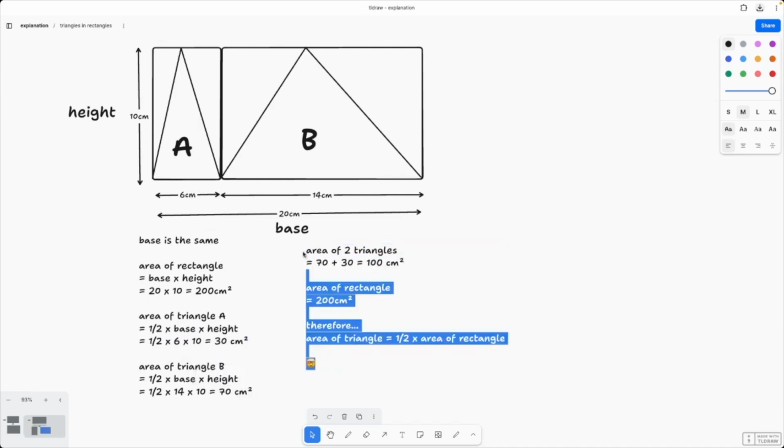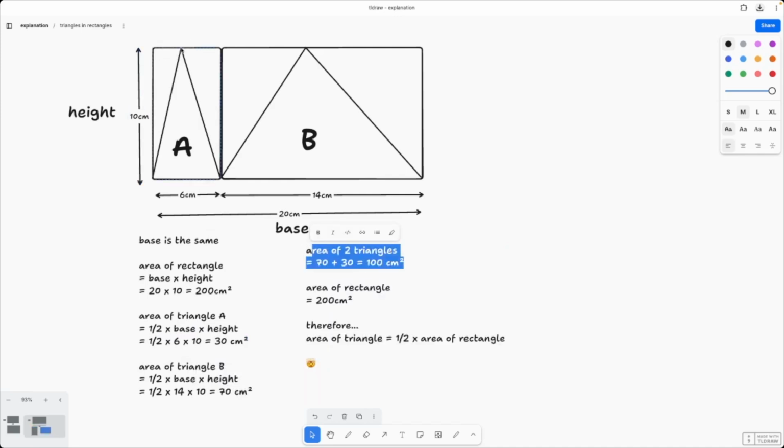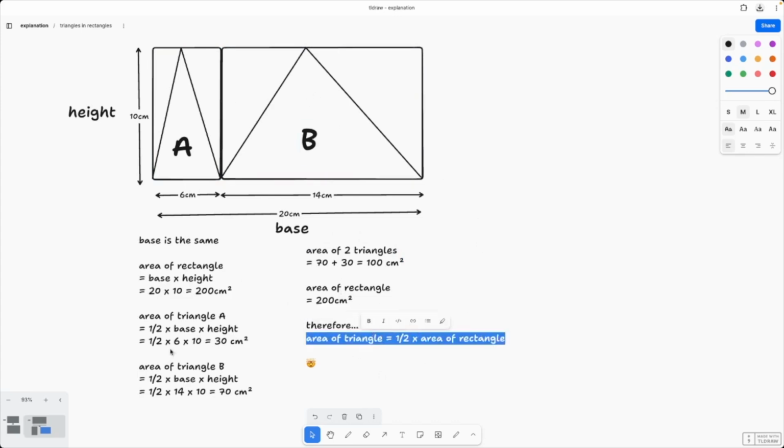If we combine the areas of the triangles, no matter what, as long as both of their bases together make up the whole base of the rectangle and they connect to the other side, then any number of triangles in a rectangle is still half times the area of the rectangle.